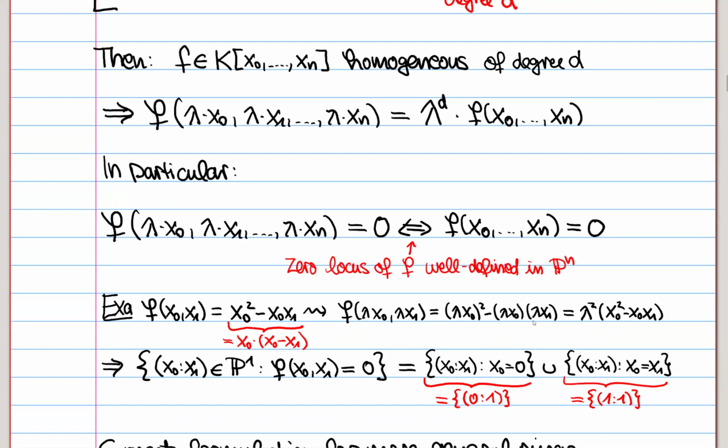And here you can combine these 2 lambdas to a lambda squared, so you get a global factor lambda squared times the polynomial you started with. And so we can see that this condition of f being 0 at this point is well defined.